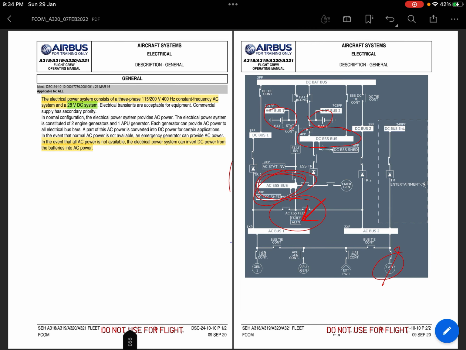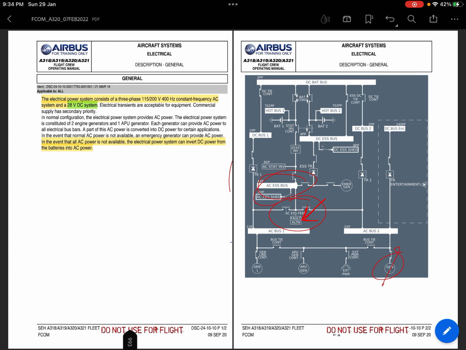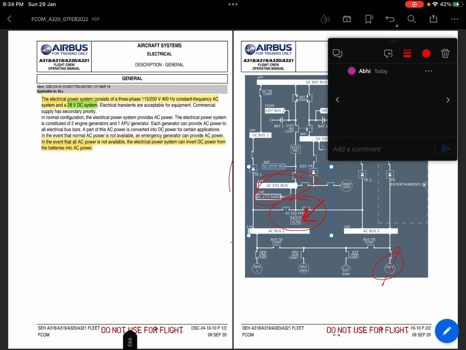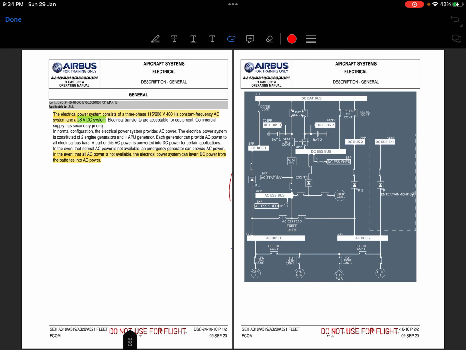But if, check it, if the RAT is supplying through the emergency generator, then there will be AC essential bus, DC essential bus, DC essential shed, and AC essential shed, right?